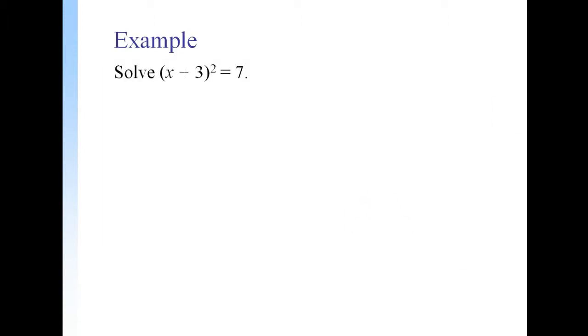Now, we're moving into something a little different, where instead of this just being x squared equals 7, it's this binomial squared equals 7. But the same rule applies. So let's write it out. x plus 3, the quantity squared, equals 7. So we take the square root of this side.